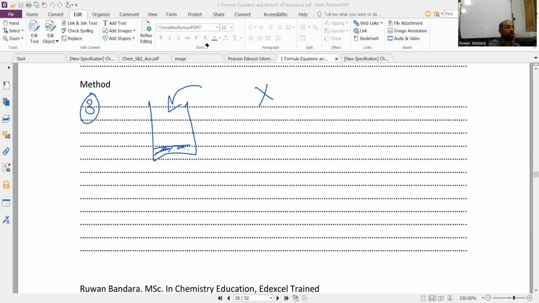volume of water. Just add about 100 cubic centimeters. Write down step number 3. I'll tell what the reason is here.